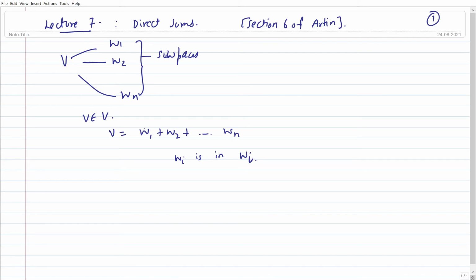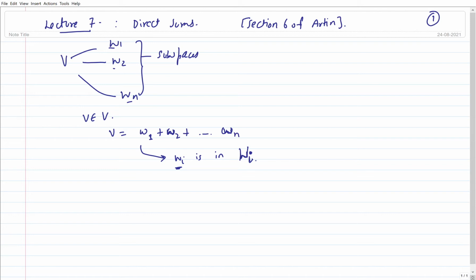So small w represents the vectors, and the capital W represents the subspaces. Let's assume this is true. A vector can be written as a sum of vectors where each of the vectors belongs to one of the subspaces.